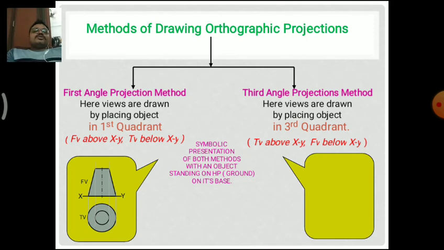And going to the third angle projection, the top view is drawn above the reference line and the front view is drawn below the reference line, that is on the grounded part.